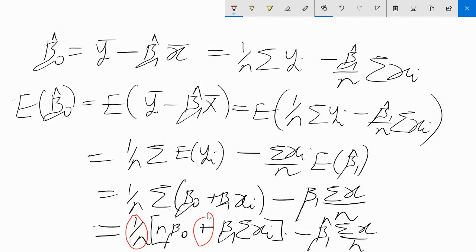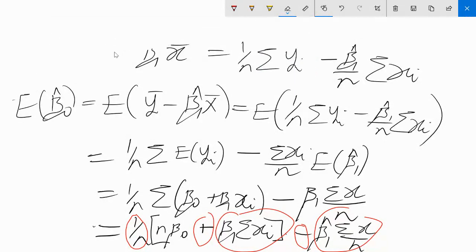And there is a plus here, and this side is going to be negative. As you can see, this term is the same as this one, and because of the negative, these two will disappear and we will be left with beta 0. Is it clear? Yes, sir. No, come again.